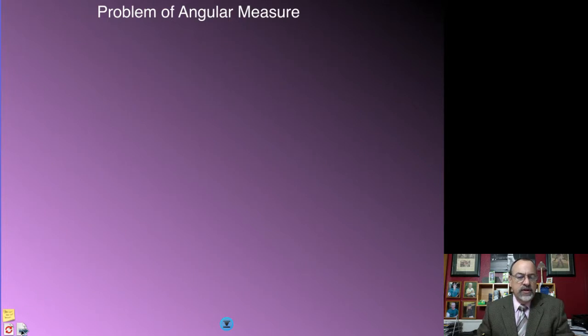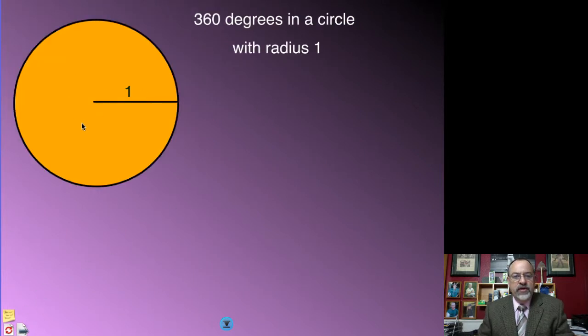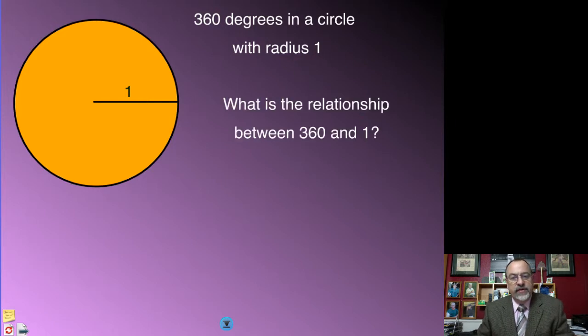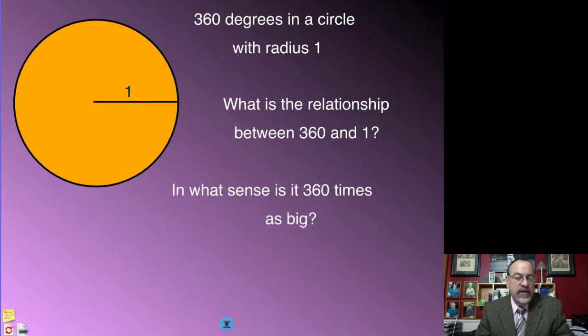In other words, look at it like this. We know that there are 360 degrees in a circle, and a circle has a radius, let's say, with a length of 1. What's the relationship between the 360 degrees and the linear length 1? Are the degrees 360 times greater than the radius? Is that what that means?